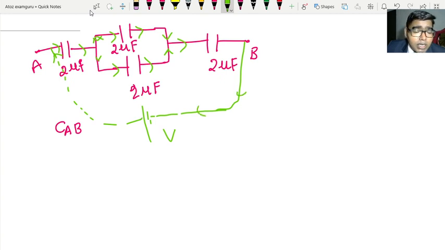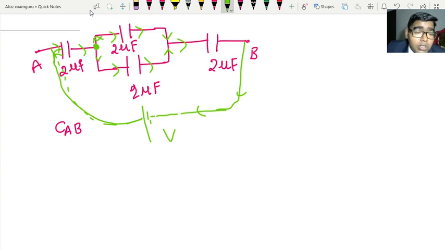It means the current entering from node A passes through this and divides between the 2 and 2, and then combines. Whenever current divides, it is very clear that those elements are connected in parallel.